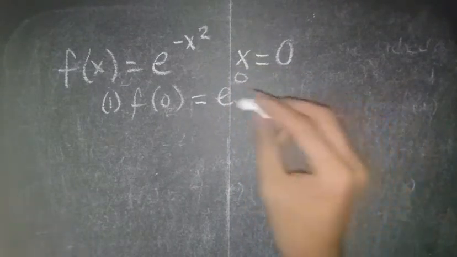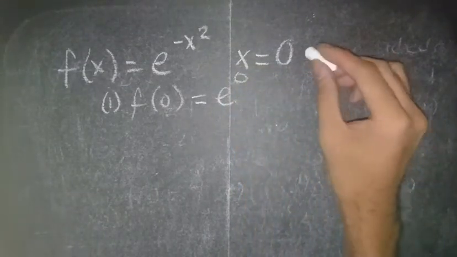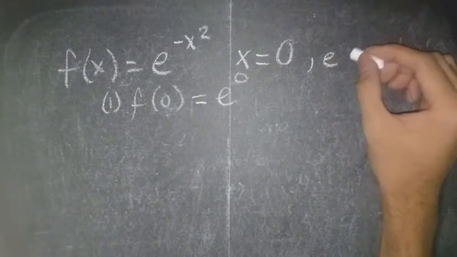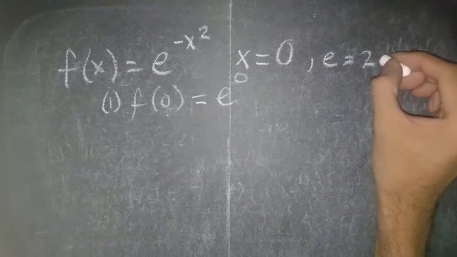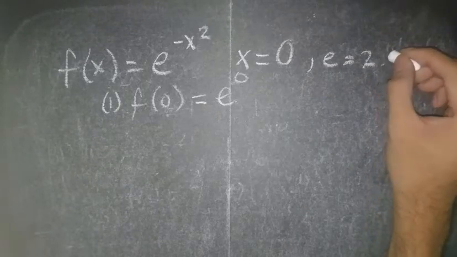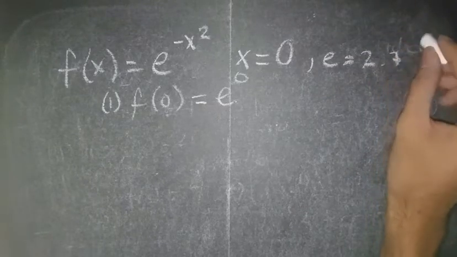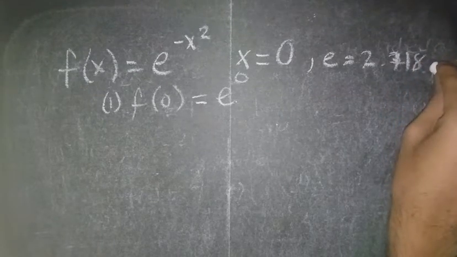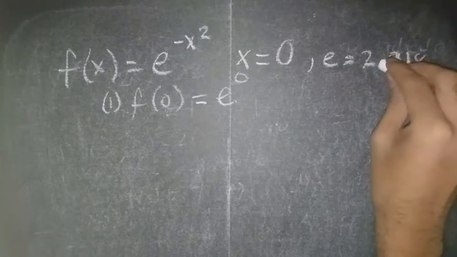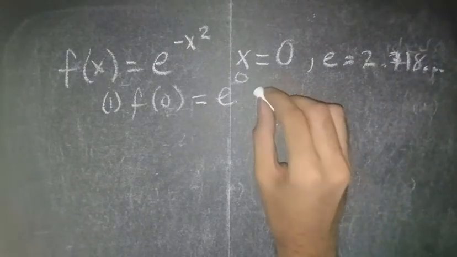Note that e is a constant that is equal to 2.718 and so on. And every number raised to 0 is always equal to 1.